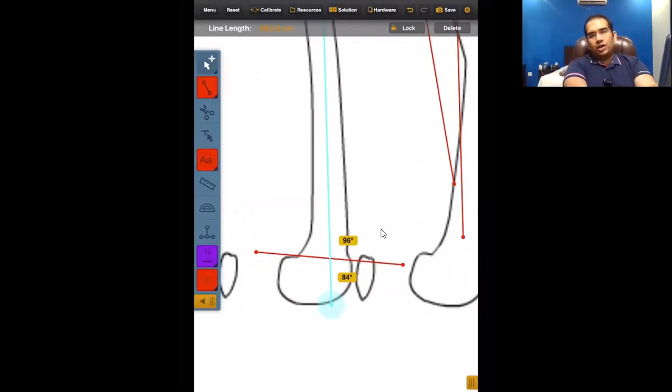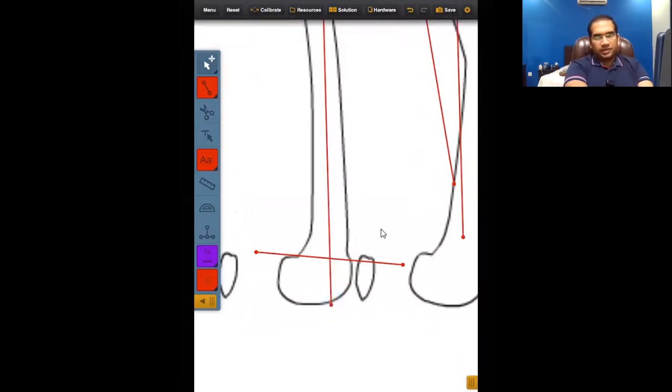When we do DCS, we pass our lag screw where the anterior 1/3 meets the posterior 2/3 in this supracondylar, in this condylar area. So this is the reference point in the distal femur, and it is evident over here.